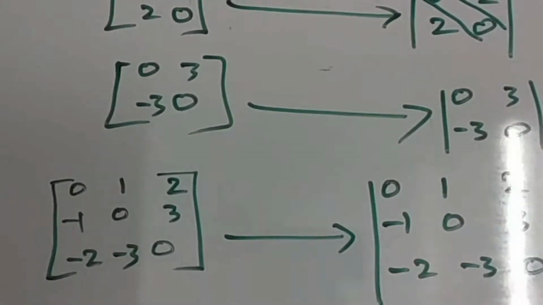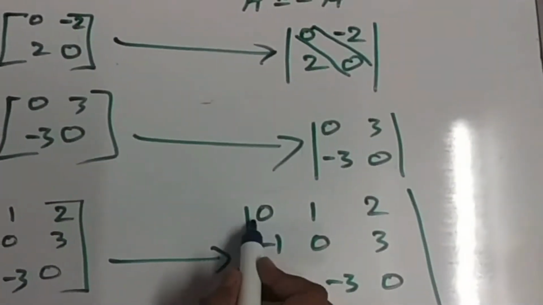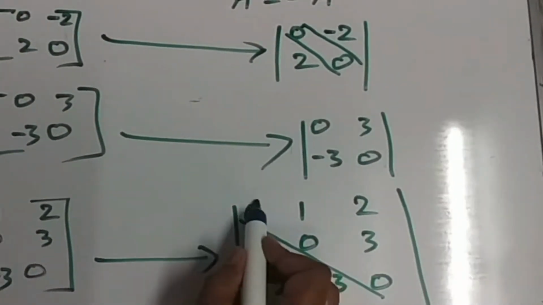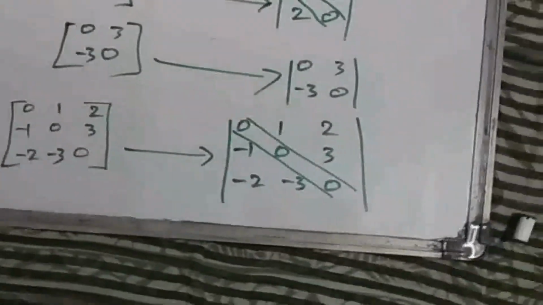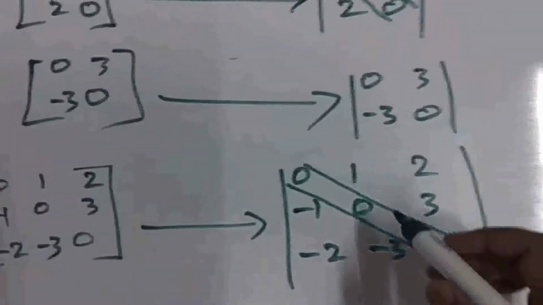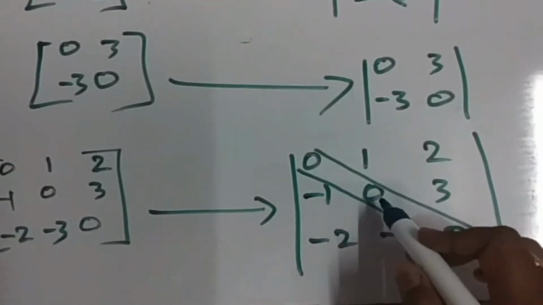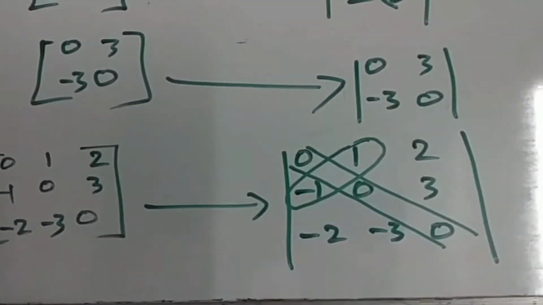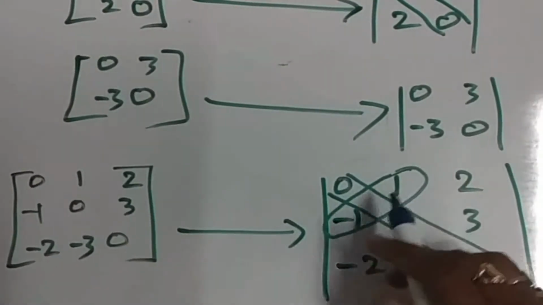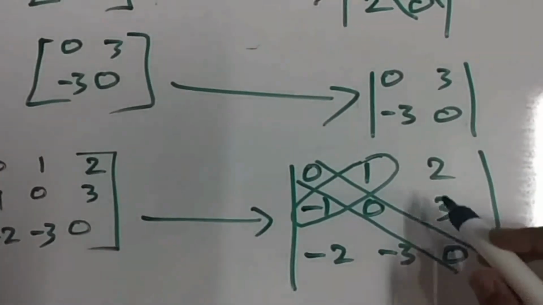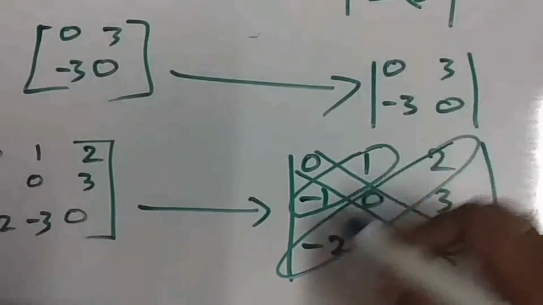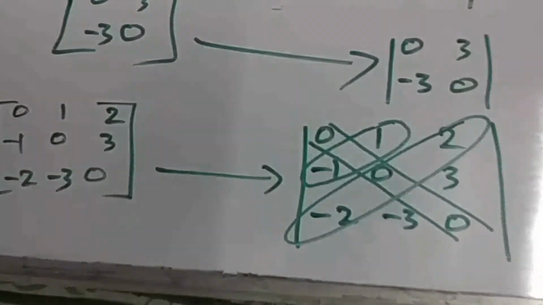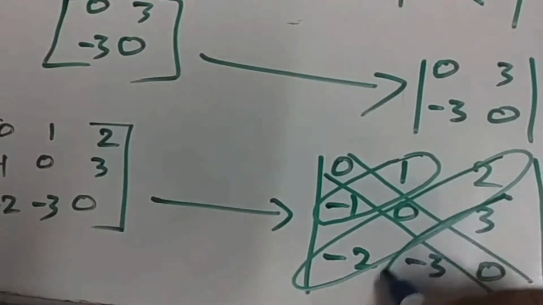Again I am trying to separate the elements inside the principal diagonal. Elements inside the principal diagonal are all zeros. Now again you see, here is 0, here is 0, this is 1 and -1, same value but their sign is opposite. Again 2 and -2, sign is opposite, value is same, and here also same thing.